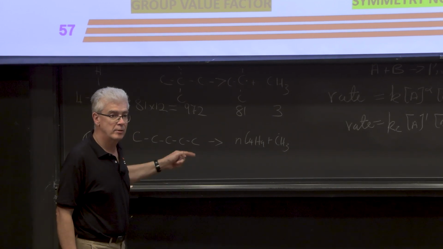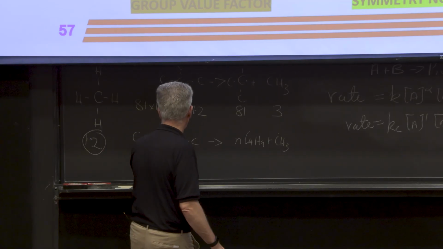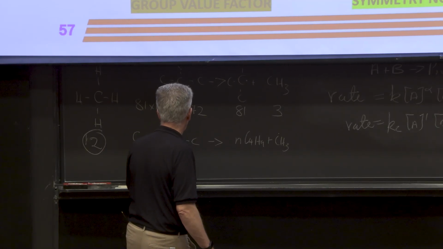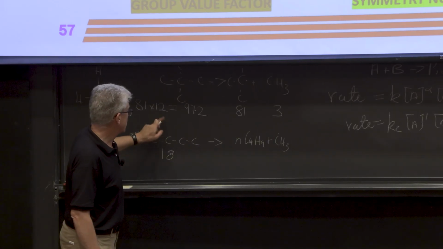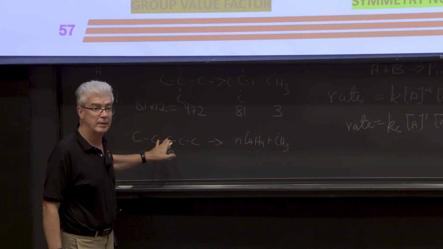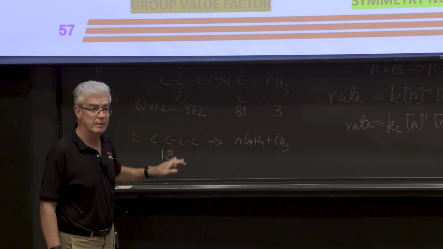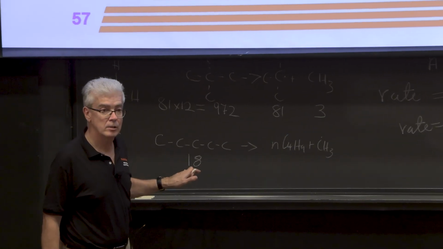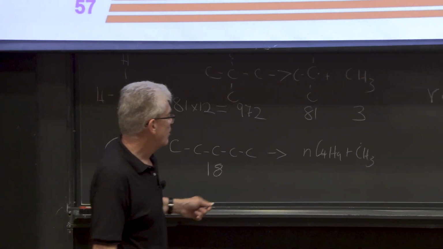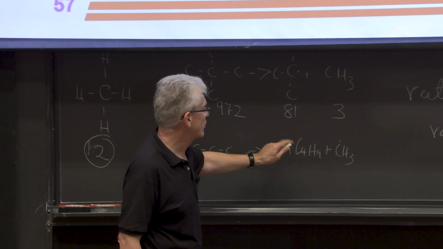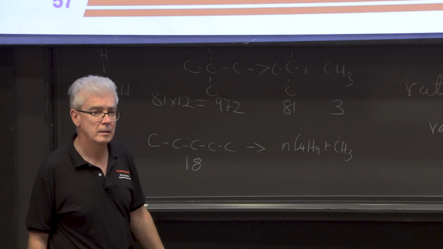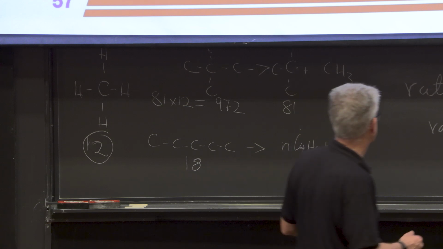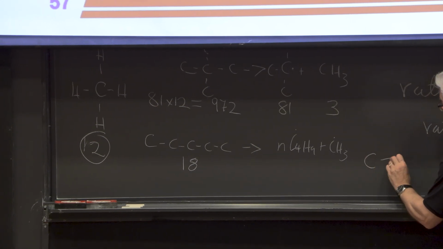N-pentane. The symmetry number of N-pentane is 18. All the alkanes are 18. It's 3 times 3 is 9, and then there's a twofold symmetry on the central carbon atom, because if you look left and right, it's the same environment. So it's 18. 2 times 9. All right? What's the symmetry number, though, of C4H9? Sorry, I should maybe draw it. C4H9 is this.